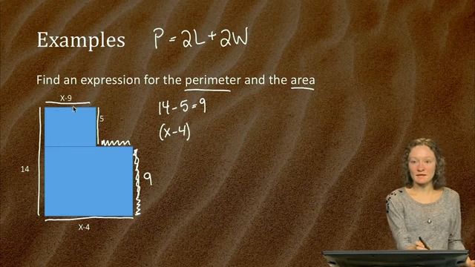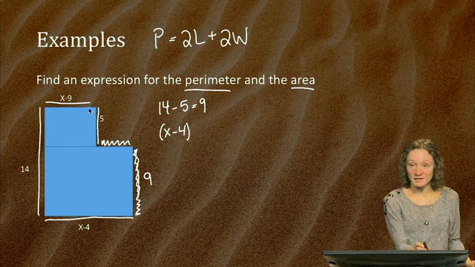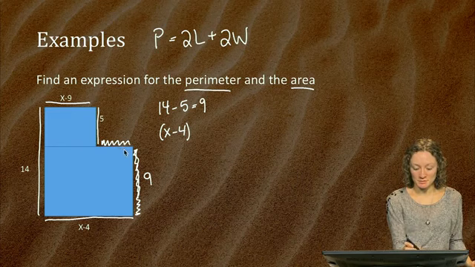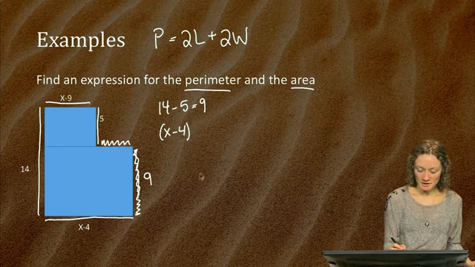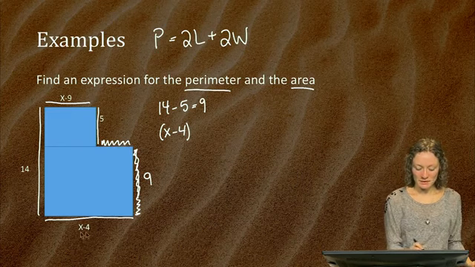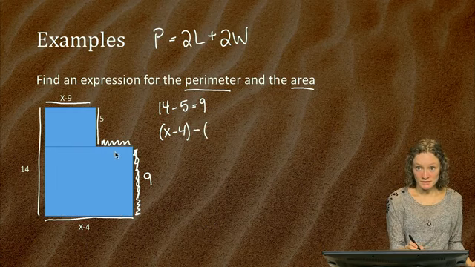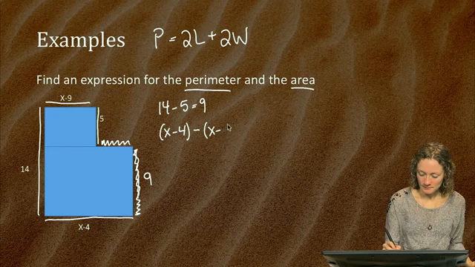And x minus 9 represents the length of this very top piece. So x minus 4, a piece of that is x minus 9, so the rest of it must be this little squiggly piece here. So we can do just what we did before, take the large piece, subtract out the small piece to get us the resulting piece.